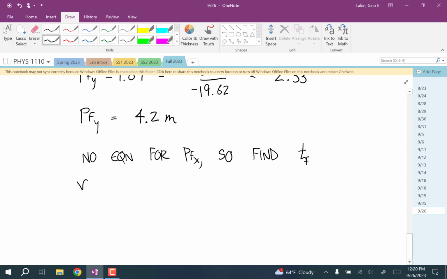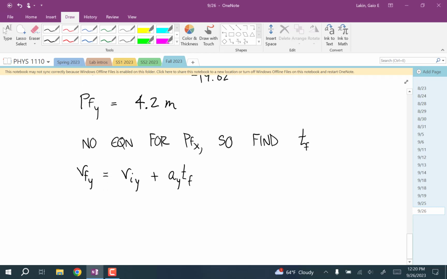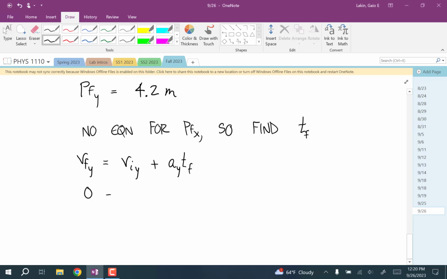We can do this with the equation VFY is equal to VIY plus AY TF. So 0 is equal to 6.76 minus 9.81 TF. And if you solve that, I think you get TF is equal to 0.69. Okay.